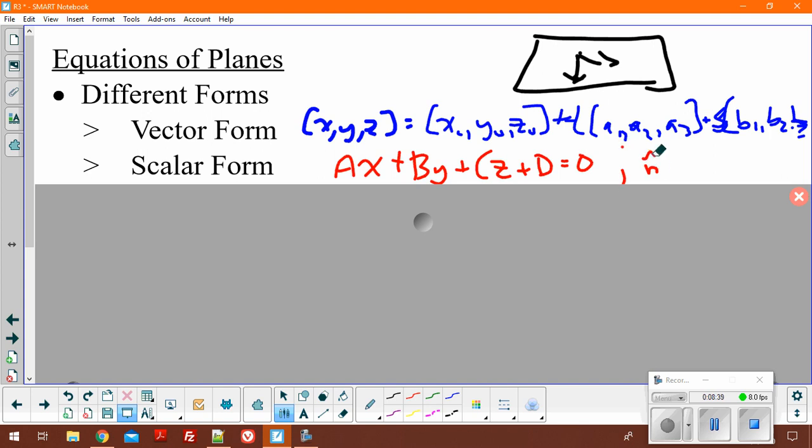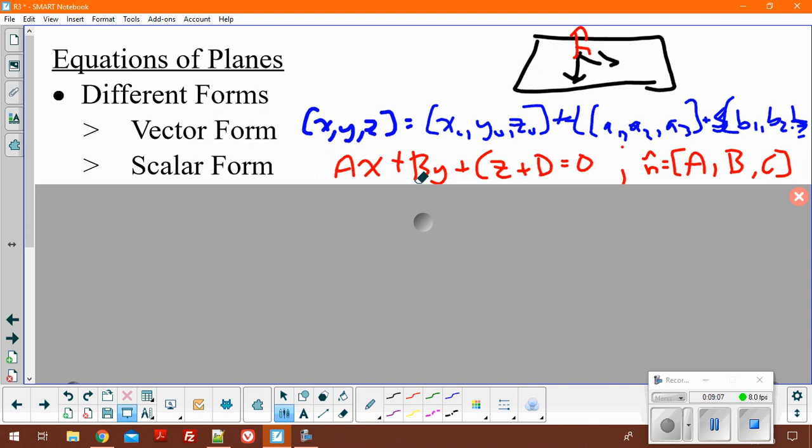This is where the normal to the plane is equal to (A, B, C). So for the vector form, you need a point and two directions that lie in the plane. For the scalar form, you need to know the normal, the vector that is perpendicular to the surface of the plane. And to figure out this constant, you need to know a point on the plane.